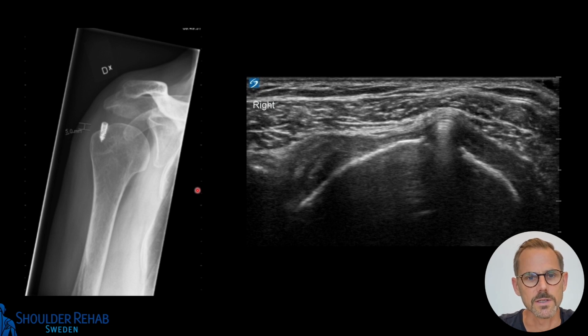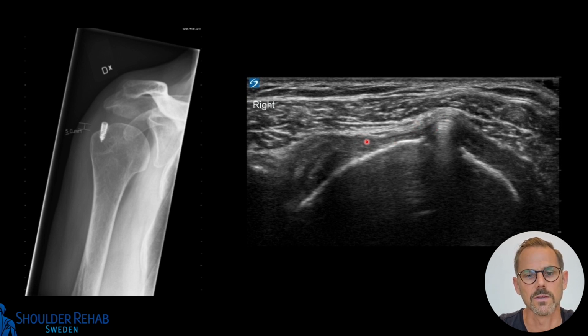So this is a situation where we have a backed out anchor. We said before that the anchor should not stick up above the cortical line, and here it's clearly above the bone line. And same thing here on the ultrasound. And what other information we get from the ultrasound is that we see the backed out anchor, and medial to that just a herniation sign.